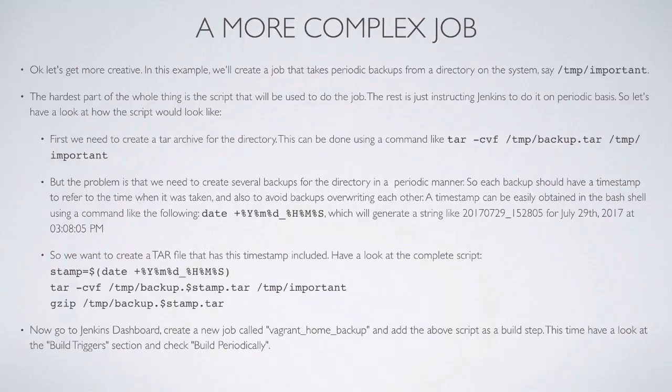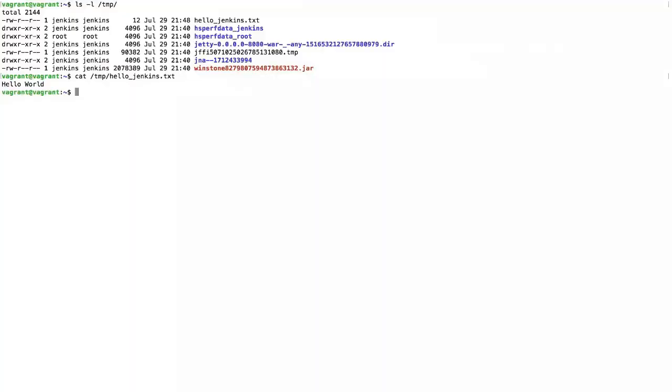Let's have a look at the system and examine this practically. So the first thing we're going to do is create a directory that we are assuming contains our important files and directories. Let's call this directory important, and because it's important, it has to contain some files. So far it is empty, so I'm going to create a very simple for loop that is going to create files from 1 to 10.